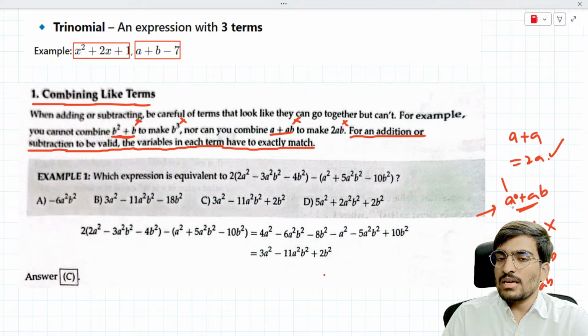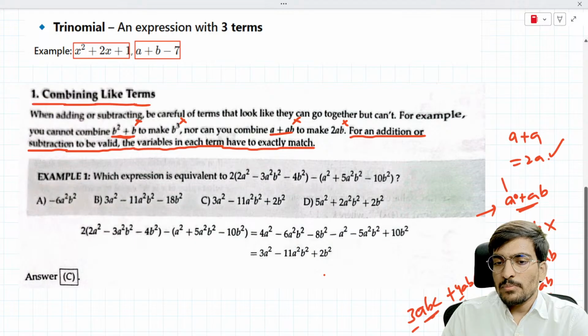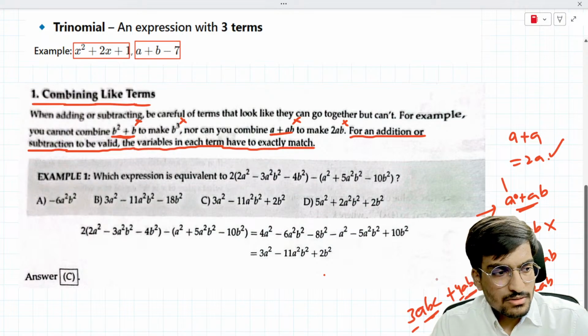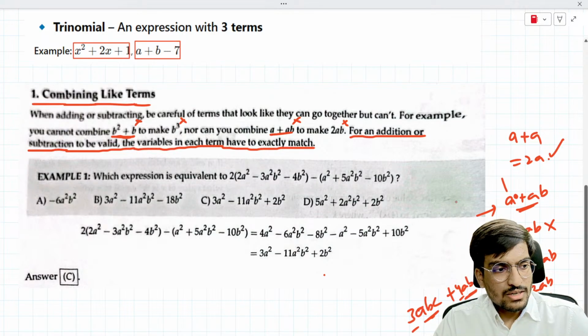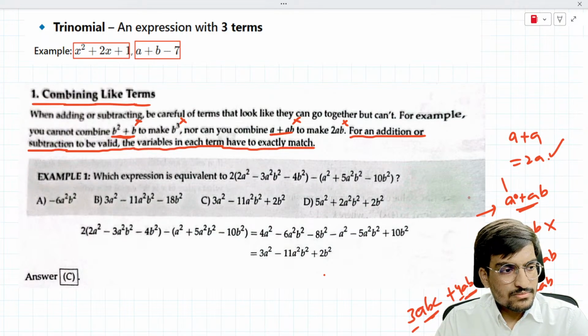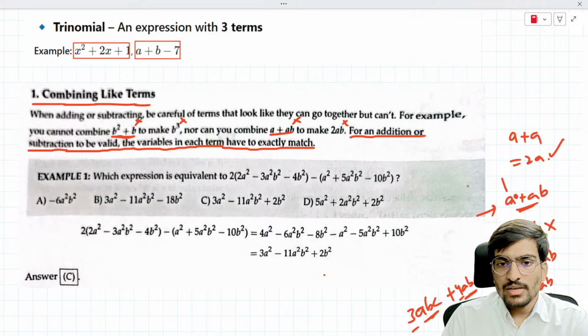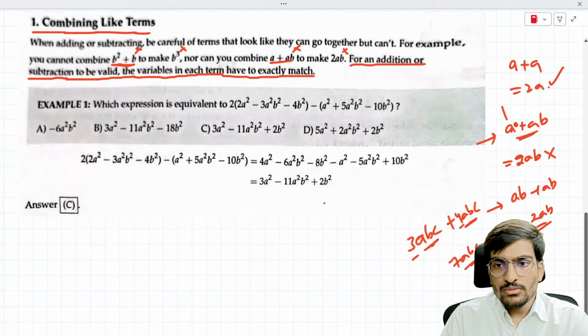Like terms mean completely the same, except constants. Let's say 3abc plus 4abc. Except for the numerical part, the variables must be the same. So abc, so 7abc, then only you are able to add like terms. Whatever I'm writing on the right side, I can see that I'm writing behind me. I'll just show you what I wrote.